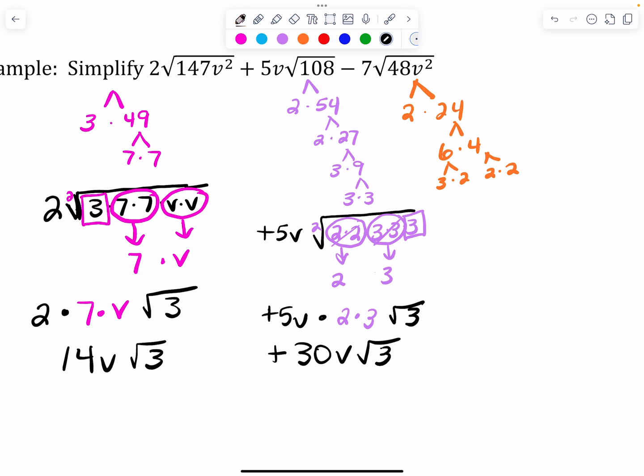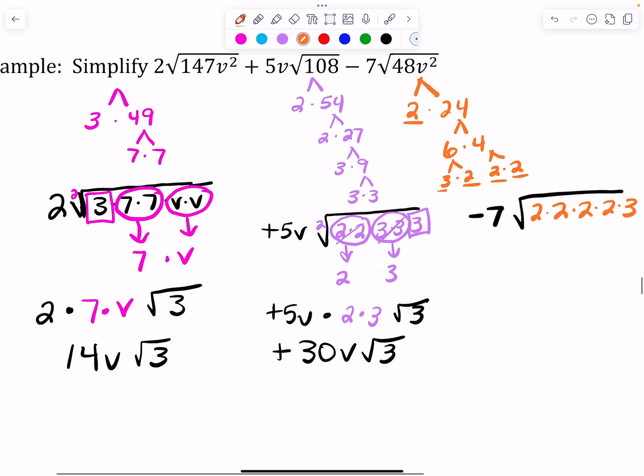So now we have negative 7 square root of 2 times 2 times 2 times 2 times 3. So make sure you have 1, 2, 3, 4 2's.